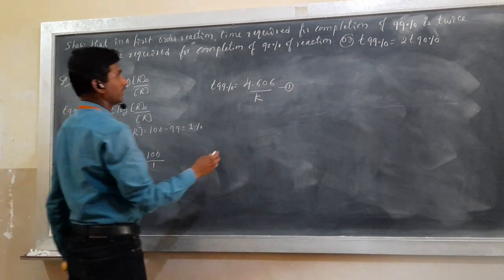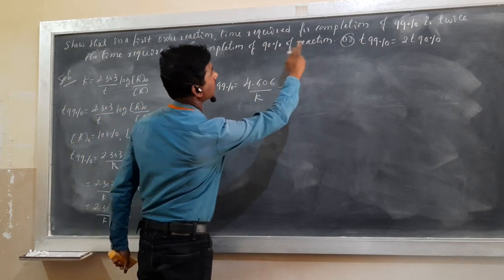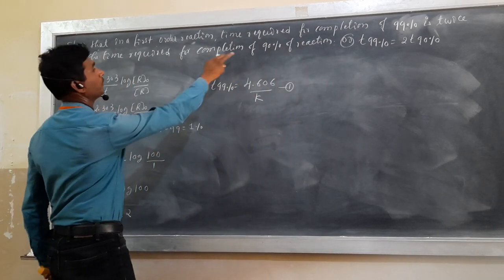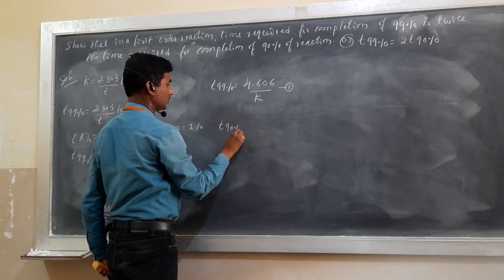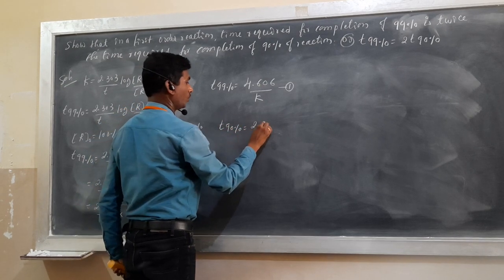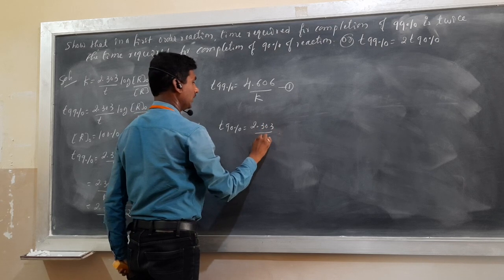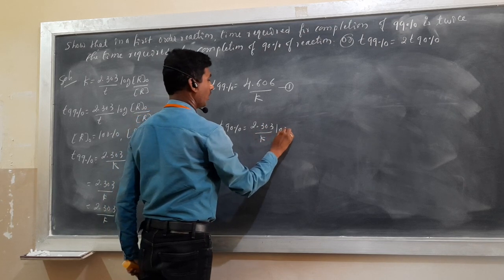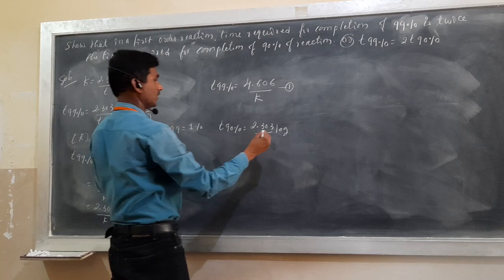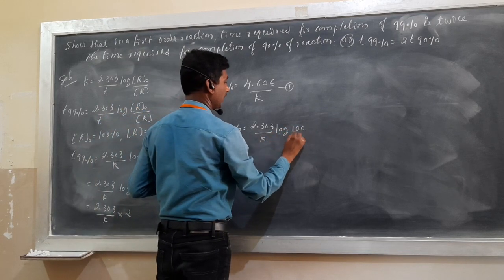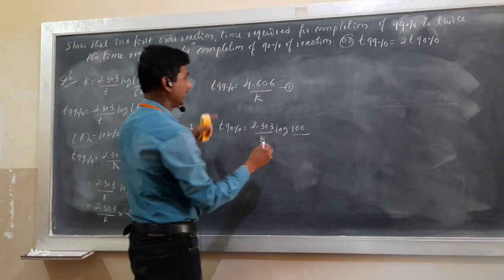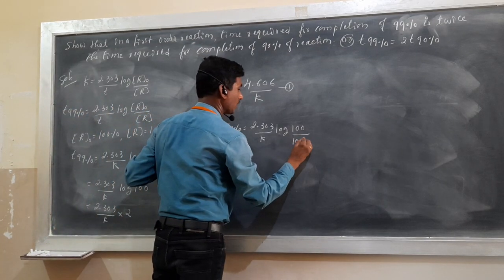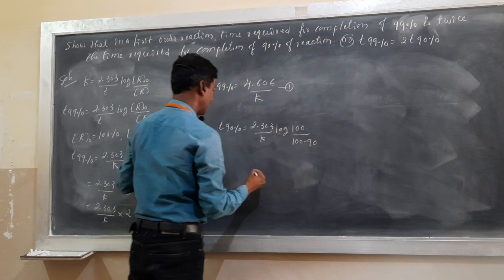Next, the time required for the completion of 90%. T90% is equal to 2.303 divided by K, log of the initial concentration, which is always 100. How much is completed? 90. So 100 minus 90, which is equal to 10.